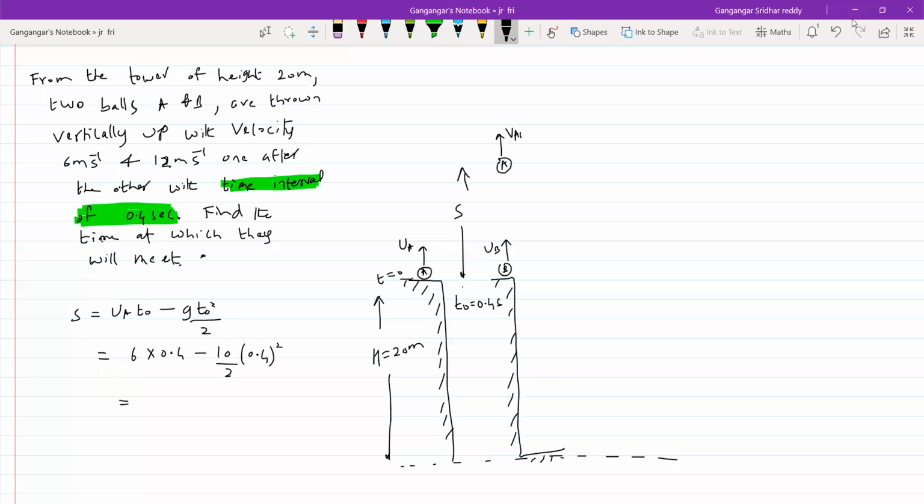So 6 into 4 is 24, 2.4. Anybody? This value? 0.8. So total will be 1.6 meter.